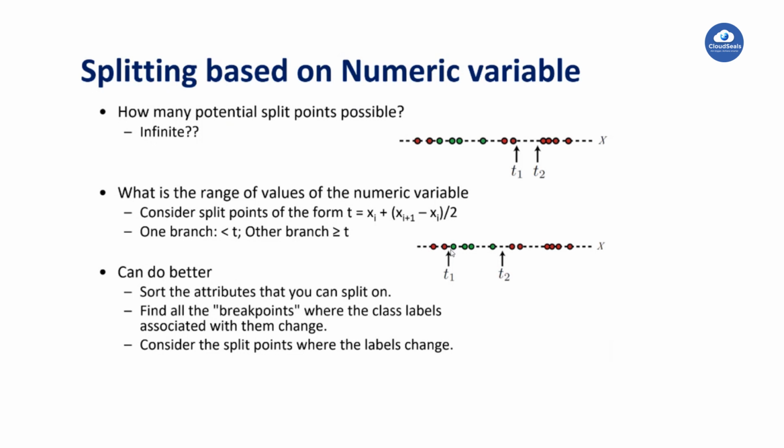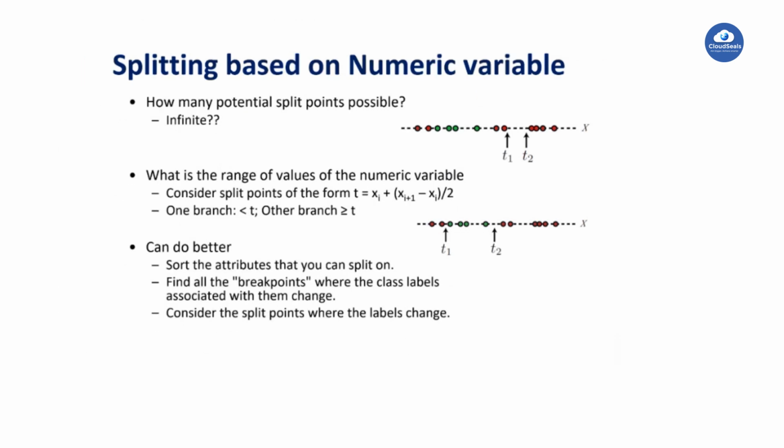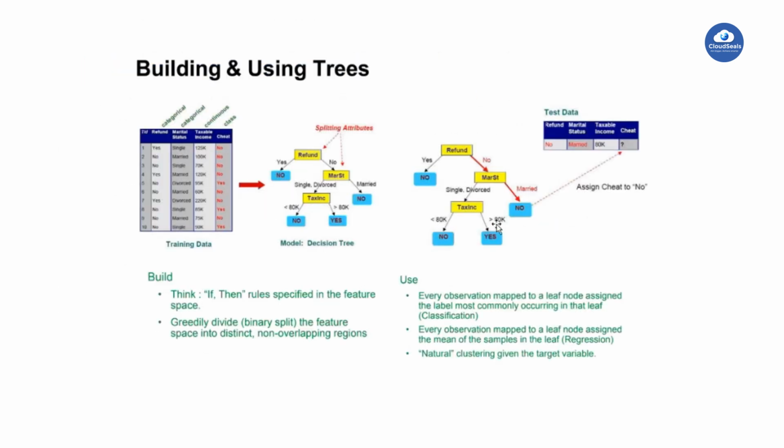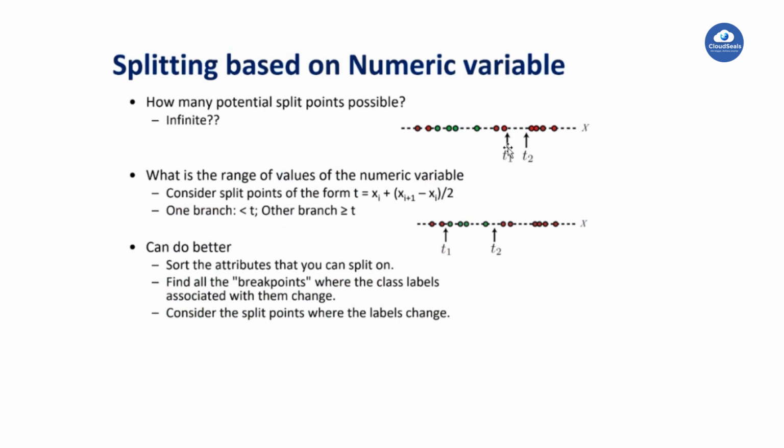Let's consider the same example. Instead of taking breakpoints like that, you take only one breakpoint, a greater-than or less-than split. If it is less than, that is good; if it is greater than, that is bad. What will happen? There are some bad points on the less-than side.